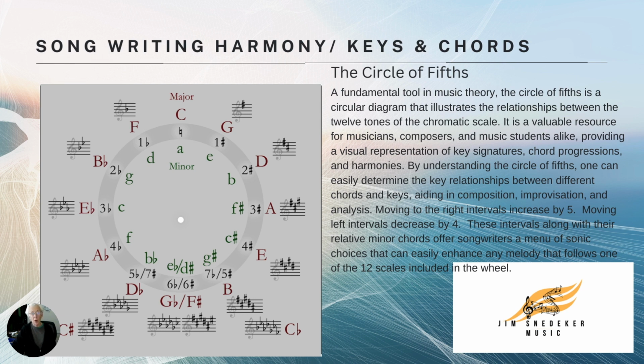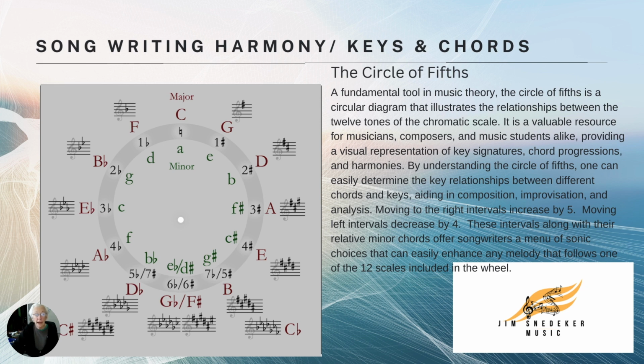If you go to the right, you notice the distance between a C and a G is 5 intervals. That could be a chord, a C major chord, and a G major chord, 5 steps, 5 intervals apart.